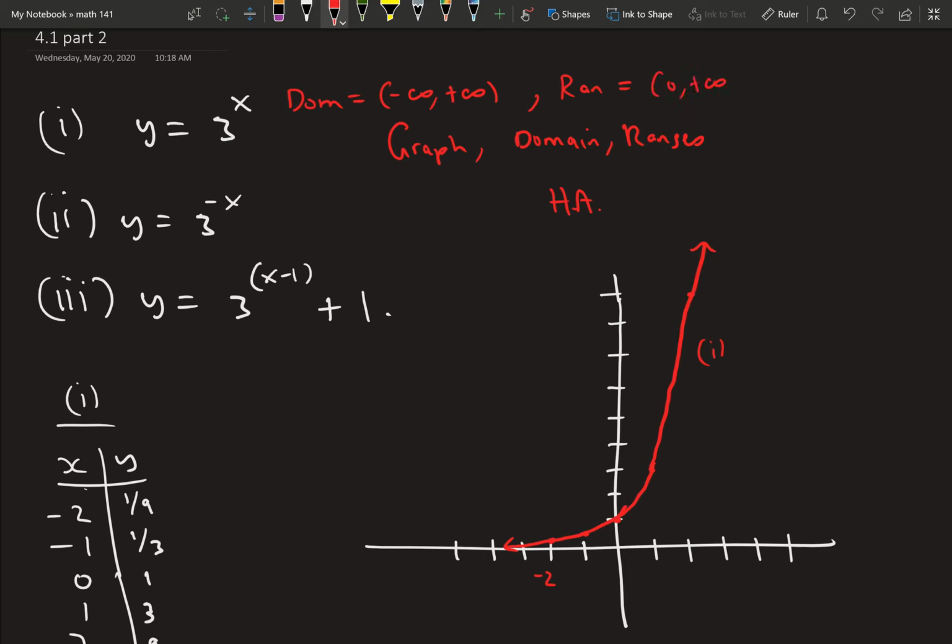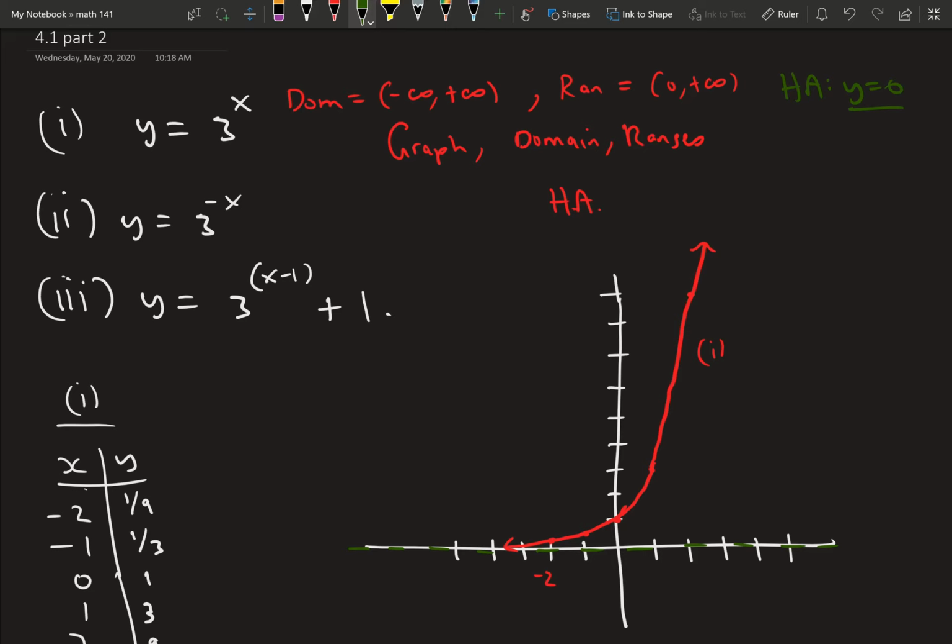In this case, it's 0 to infinity. So we have a horizontal asymptote right here at the x-axis, just like with 2 to the x. So for the horizontal asymptote here, it's the line y equals 0.